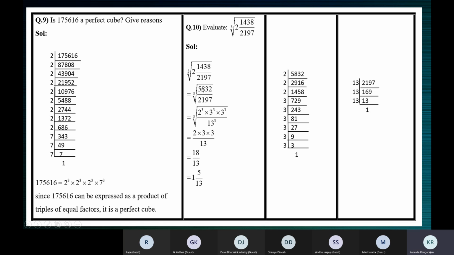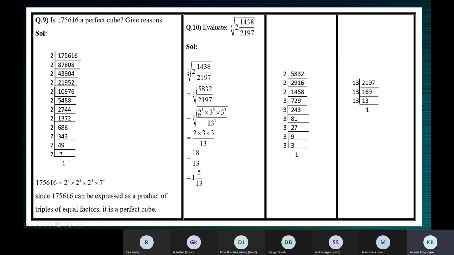I'm sorry, find the prime factorization of the numerator. You can see it here. Express the numerator 5832 as a product of its primes, and express the denominator 2197 as a product of its primes.